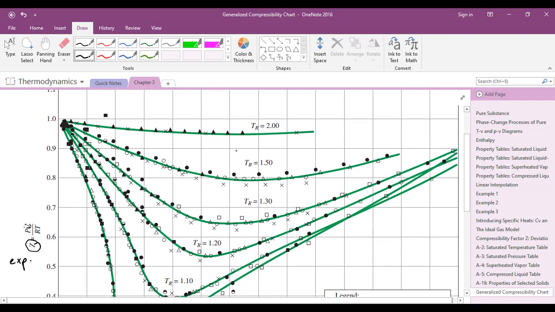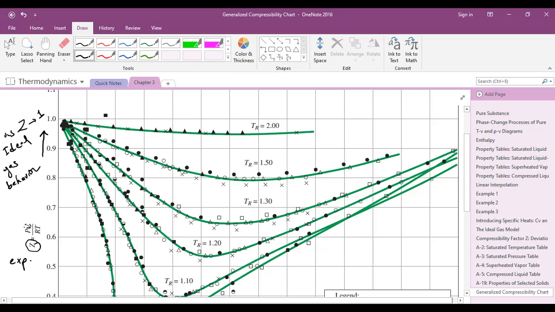So let's try to analyze this graph. As you can see, as Z tends to 1, we have less deviation from the ideal gas behavior. So as Z tends to 1, we approach ideal gas behavior.